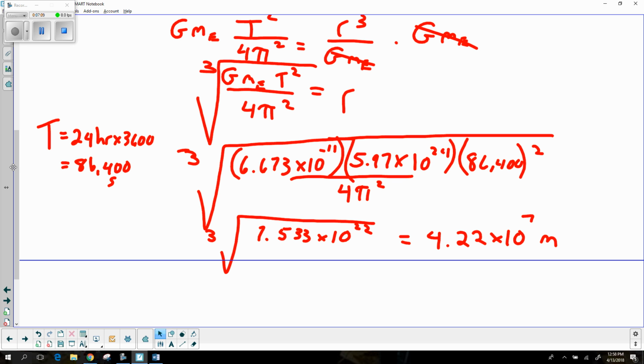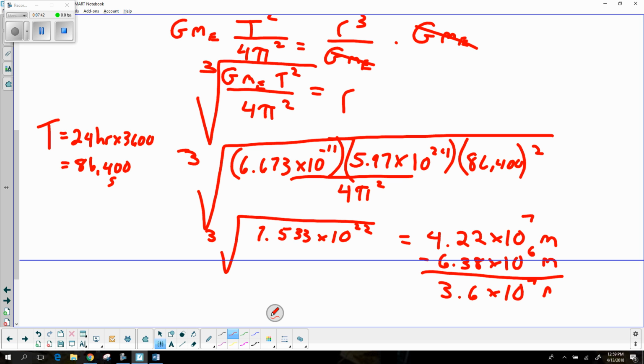I have one last step, and I got to subtract out the radius of the Earth. So I got to go look at the radius of the Earth, which is 6.38 times 10 to the 6. So when I subtract that out, I get 3.6 times 10 to the 7th meters.